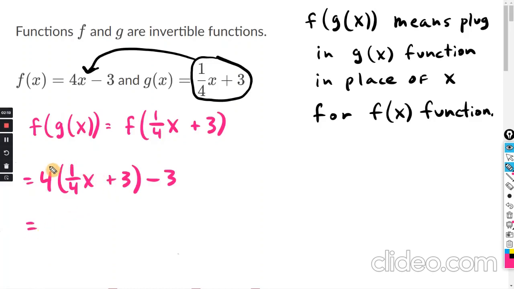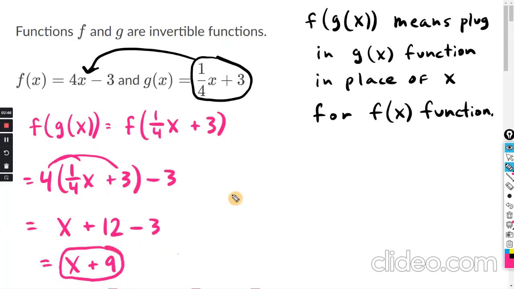Okay, distributing 4 times 1/4 is just 1, and we still have the x, so it's 1x or just x. 4 times positive 3 is positive 12, and minus 3. So that is going to be x plus 9, since 12 minus 3 is 9.